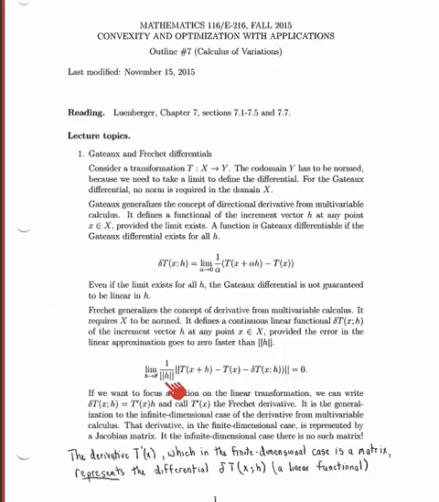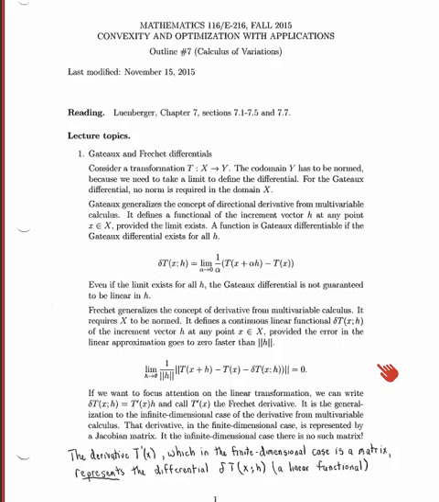If when you divide by the length of h, that's why we need a norm in the space X in order to define this, if you divide by the norm of h and then let h approach the 0 vector, this limit approaches 0, we say that the function is Frechet differentiable.